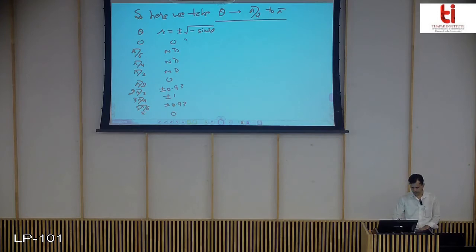Clearly you do not have values between 0 and pi by 2. The curve is not there, so we shift to the range of theta from pi by 2 to pi. Since it was plus minus, we are also getting plus minus here. Let us see now how the graph comes out.